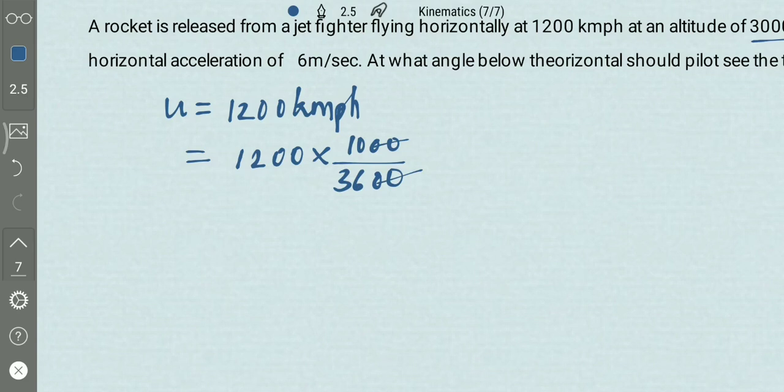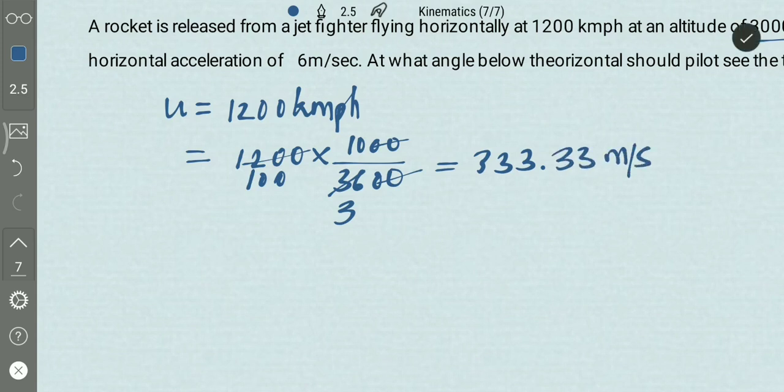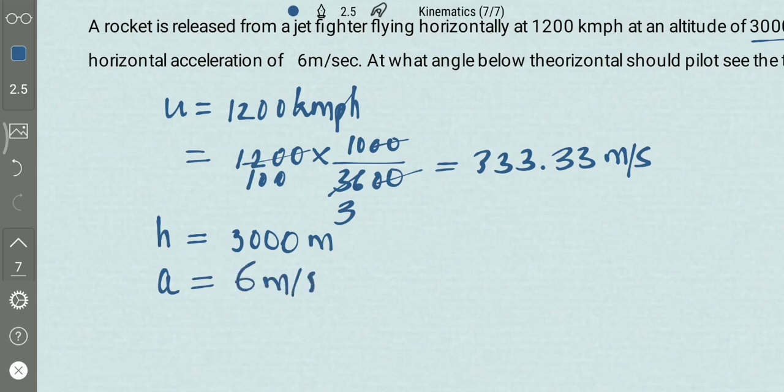Two zeros cancel, and 12 threes are 36, so this will be 333.33 meters per second. Another value given is h equal to 3000 meters, and the horizontal acceleration is 6 meters per second squared.